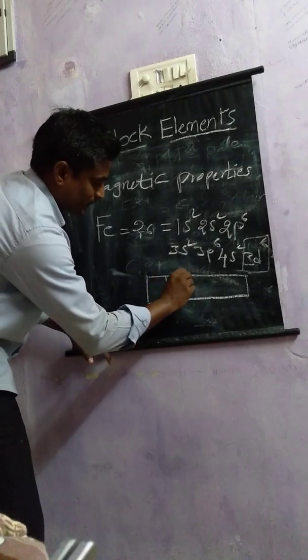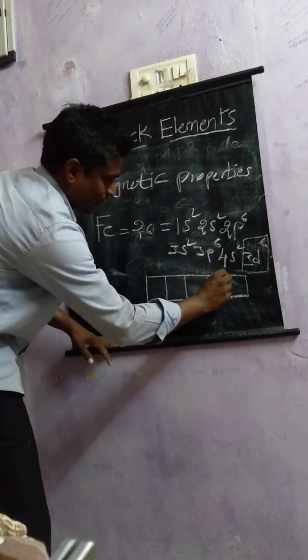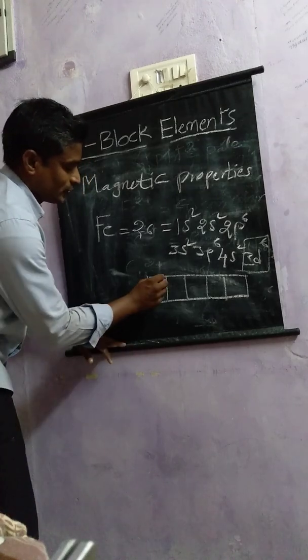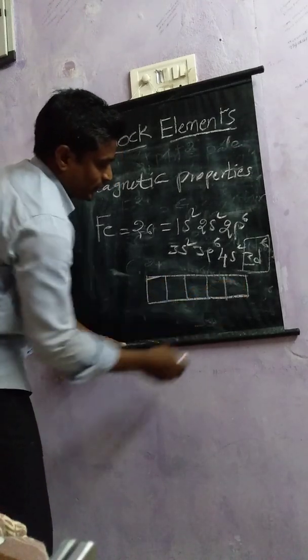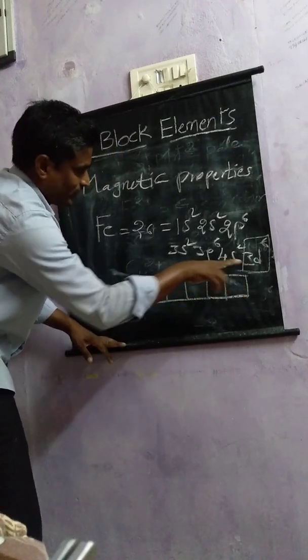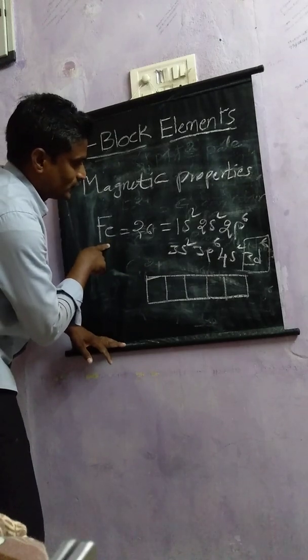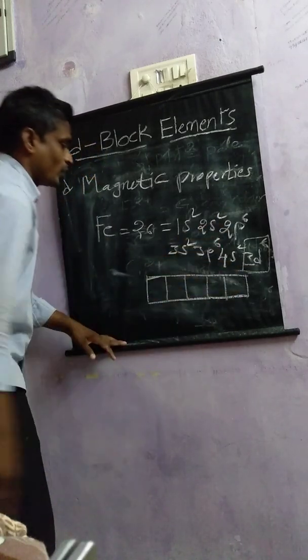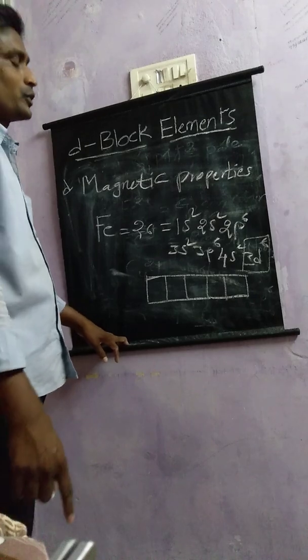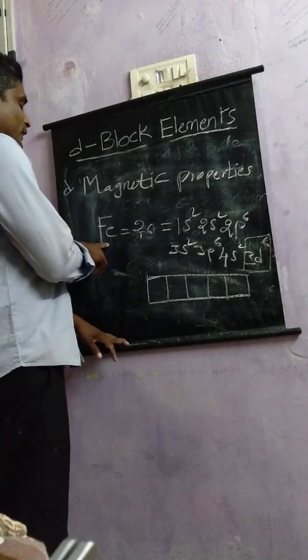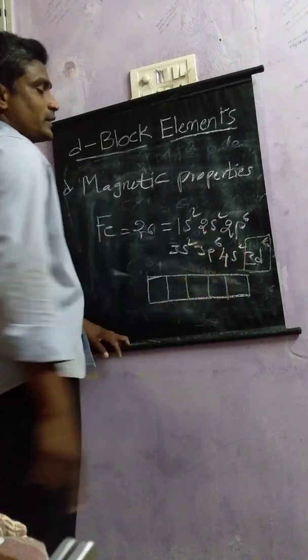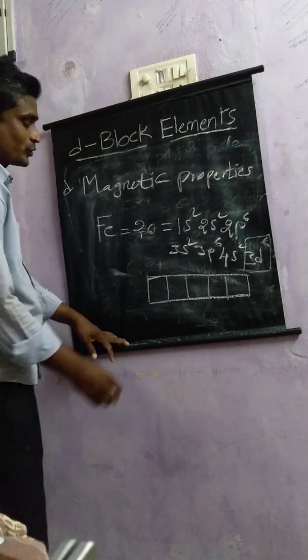First orbital, second, third, and 4 and 5. So this is the d sublevel. In the case of iron, there are 6 electrons in its outermost shell.